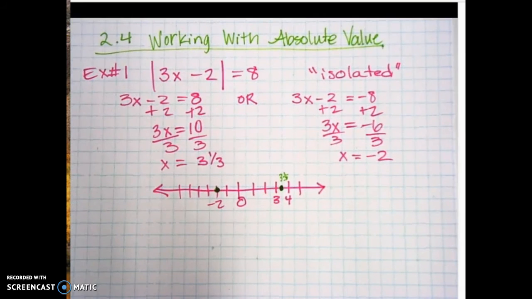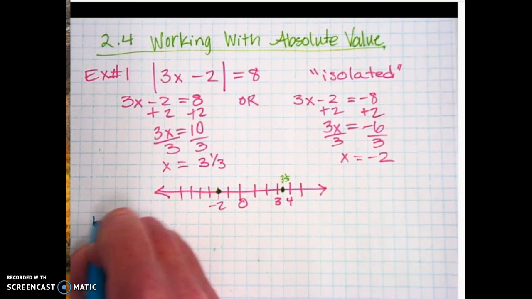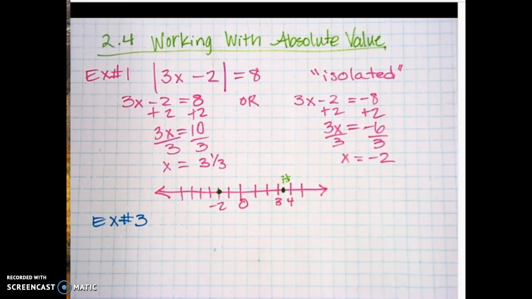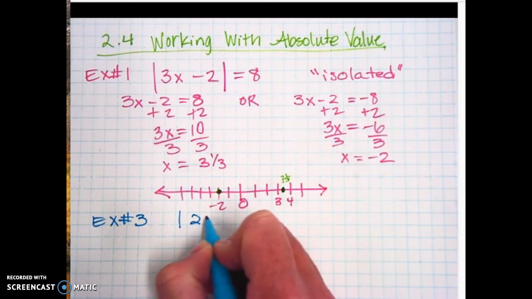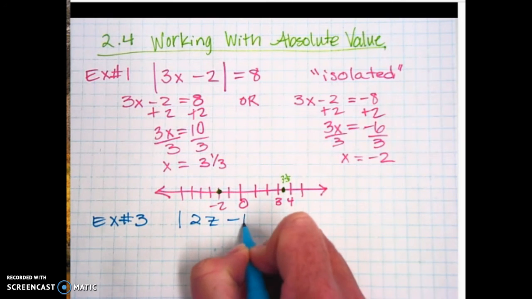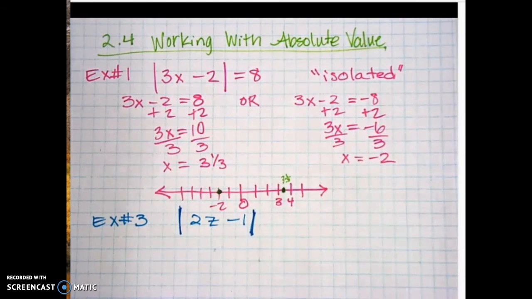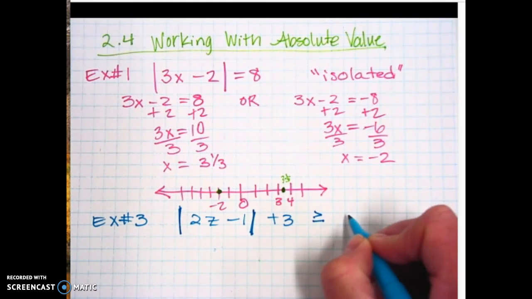All right, so most of you have done problems like example number 1 before, but you may not have seen it with an inequality. All right, so let's look at an inequality with absolute value in it. So combining basically two things together. We're going to start with the absolute value of 2z minus 1 plus 3 is greater than or equal to 8.